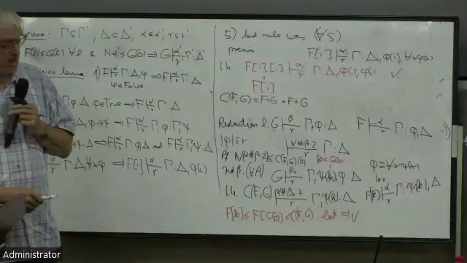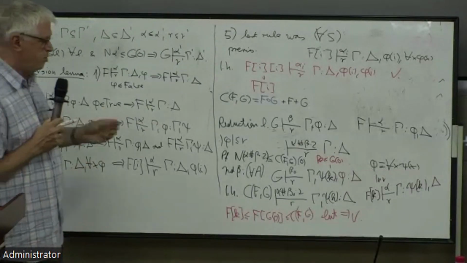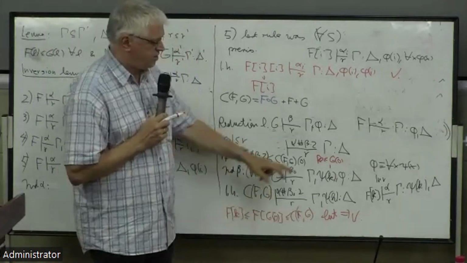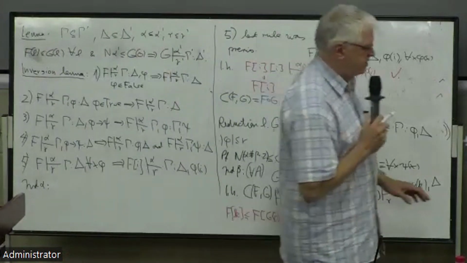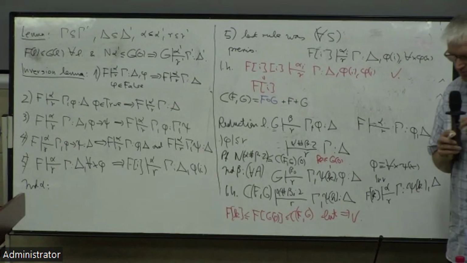And all the other arguments in the proof go through. But this is the crucial point. This inequality is guaranteed by this condition. So it's not only that we collect here existential witnesses just for fun. It is crucially needed in the cut elimination procedure.